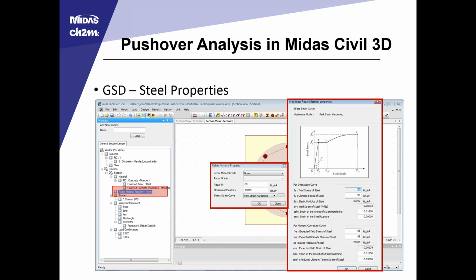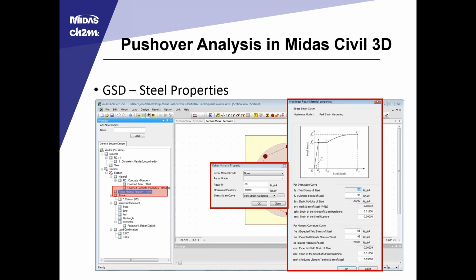The next step will be to enter the nonlinear material relationship with the reinforcement steel. So I said the yield stress of the steel that's expected is 68 KSI, and that leads to an ultimate stress of 95 KSI. The other thing to point out here, there are various models to choose from in the stress-strain curve.